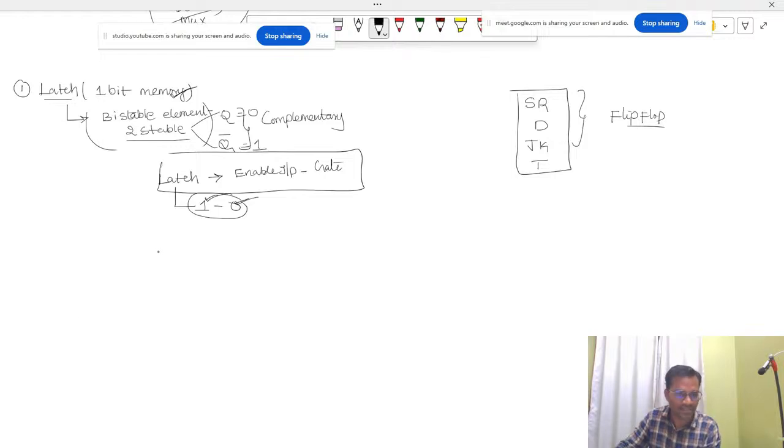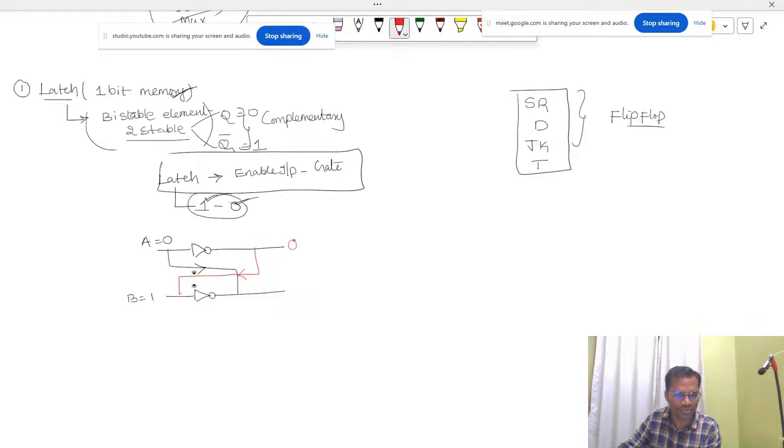So here the latch design is like this. Here we have an inverter and you get the output. Let's define A equal to 0 here and one more input B equal to 1 here. I am going to design a basic latch with two inverters. The output of A is connected to the input of B, and the output of B is connected to the input of A. This is one design.